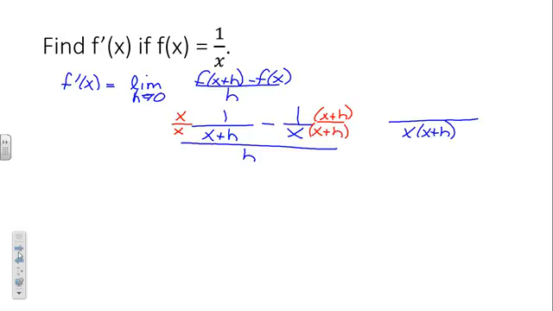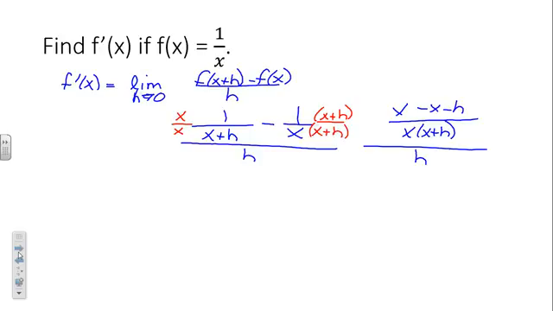This guy is x times 1, so we get x. Careful with this negative 1. The negative 1 is being multiplied by each of those. So minus x minus h, right? And then we are all over h.